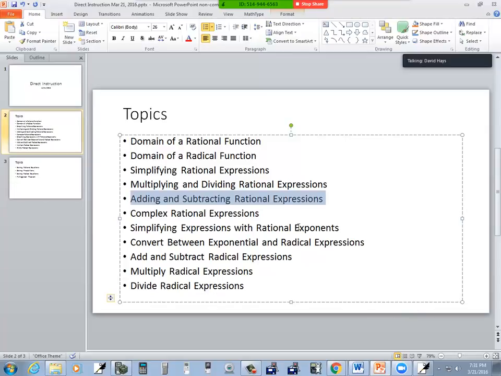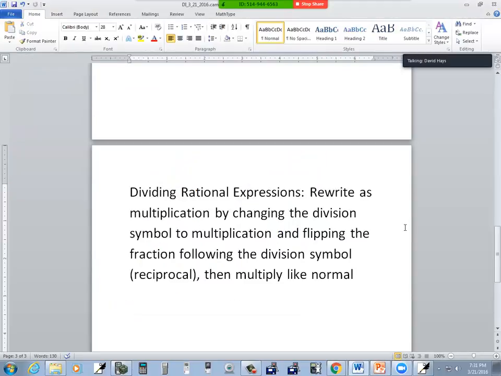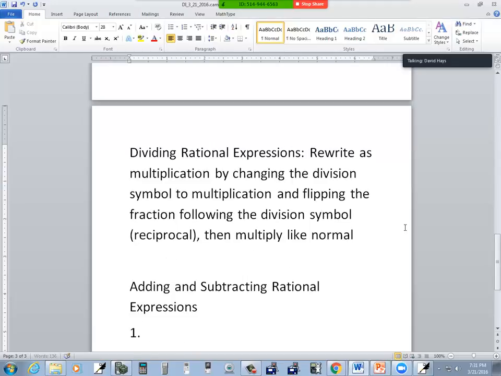Let's take a look at adding and subtracting rational expressions. So adding and subtracting rational expressions. Step 1 is to get a common denominator. Now I'm going to write this in terms of the harder problems.